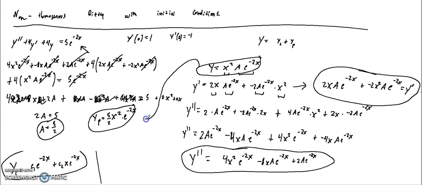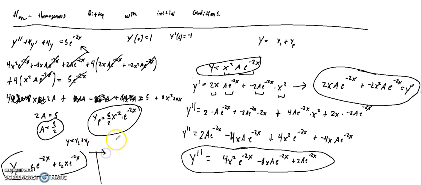You know, we add that in, and we get our particular solution. So, we have our complementary part, our particular, y equals yc plus yp. So let's just add them together and see what we get.